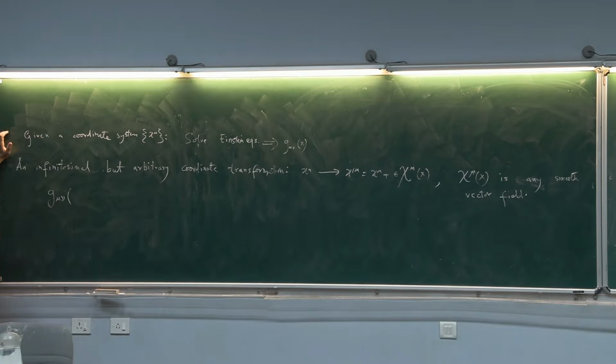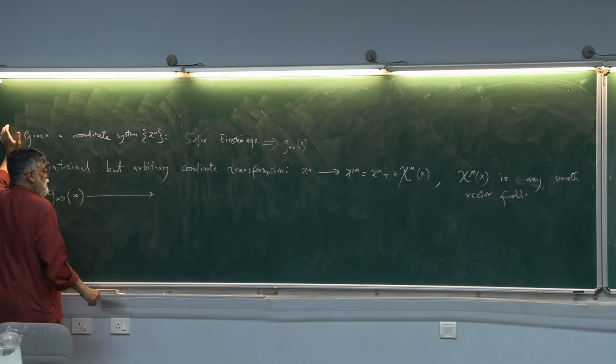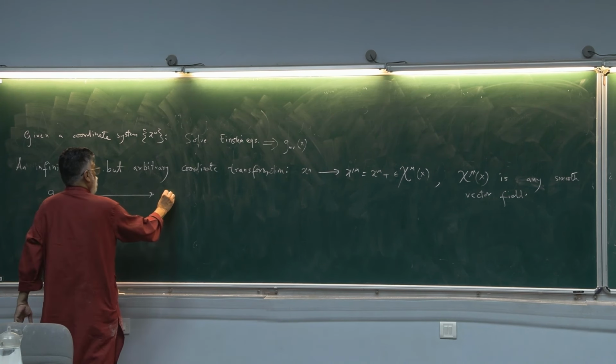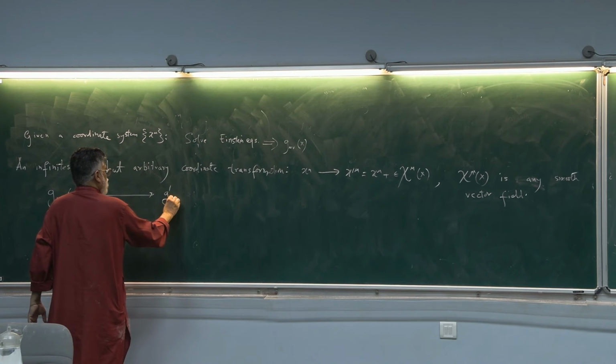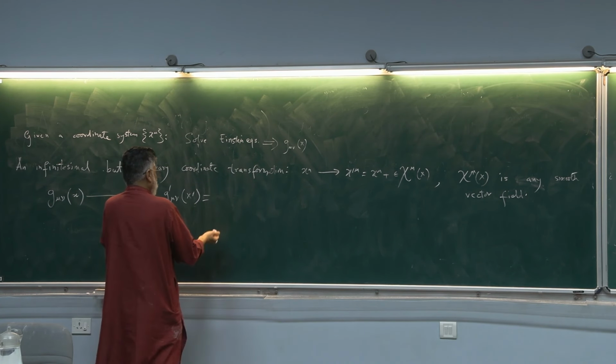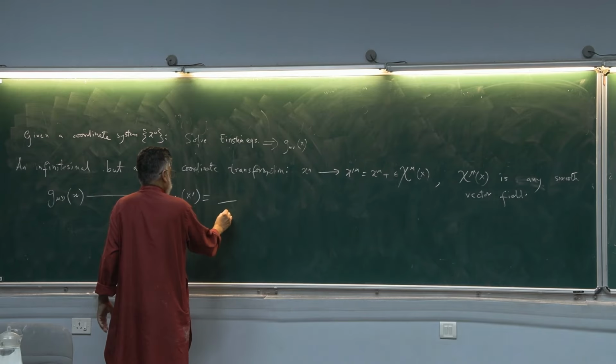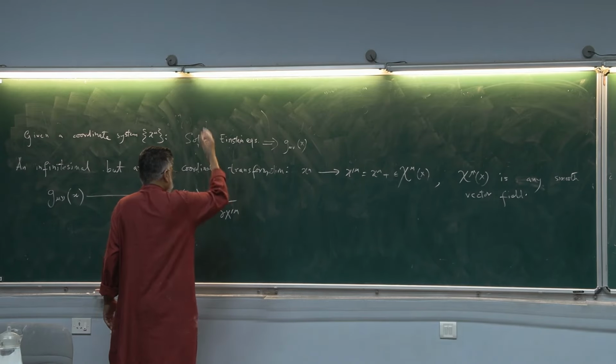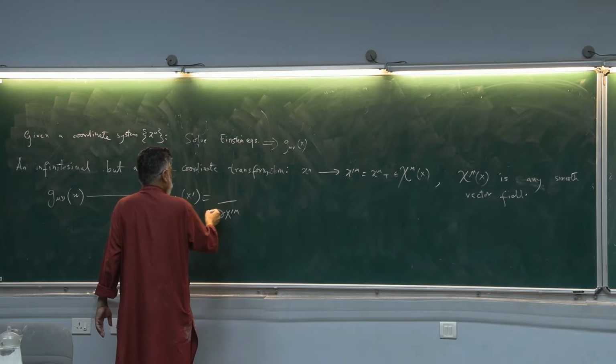This under the coordinate transformation will go to g prime mu nu of x prime, which by definition is, that's the reason the coordinates will come below. It was probably better to start with the contravariant, but it doesn't matter. We'll figure it out.